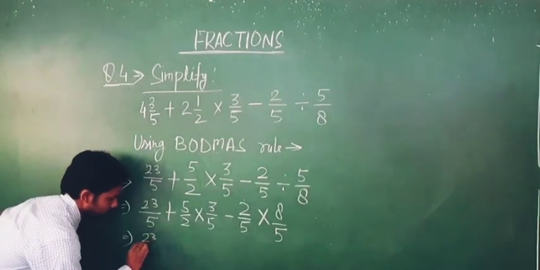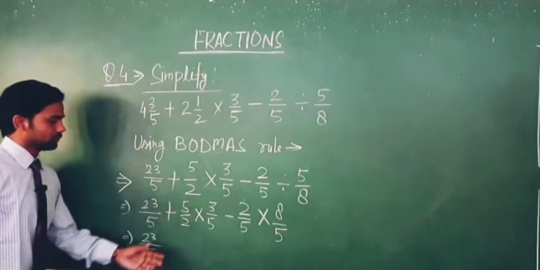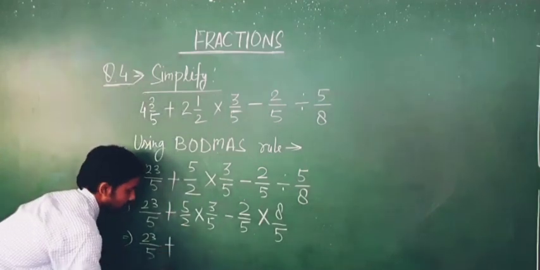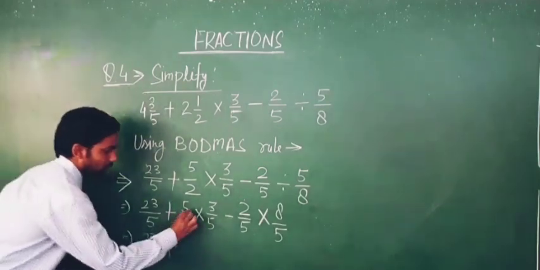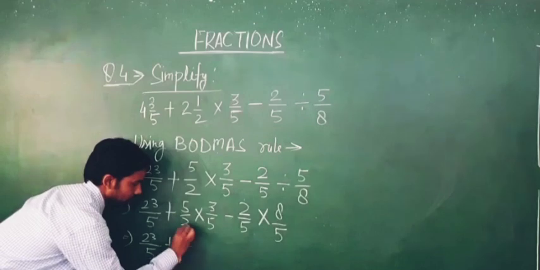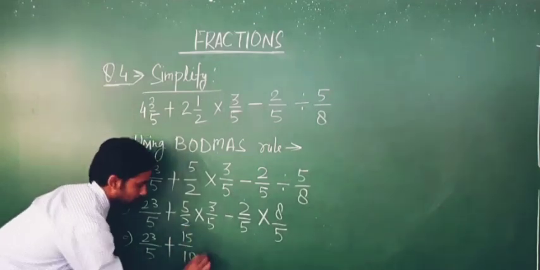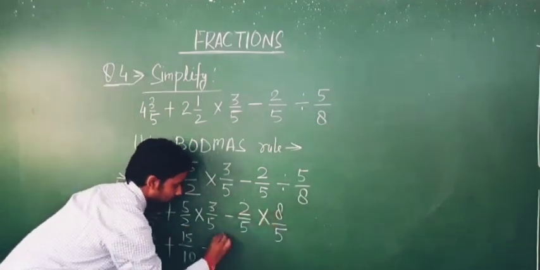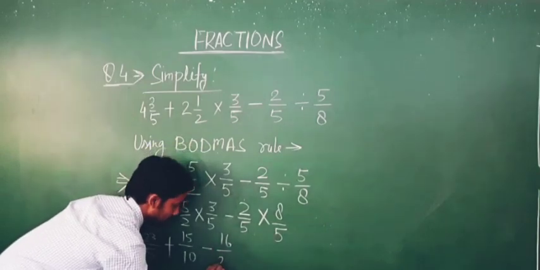Then according to the BODMAS rule, we solve the multiplication. 5 threes are 15, 2 fives are 10, minus 2 eights are 16, 5 fives are 25.